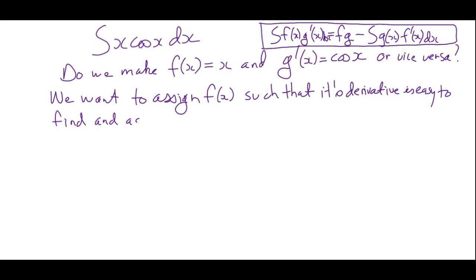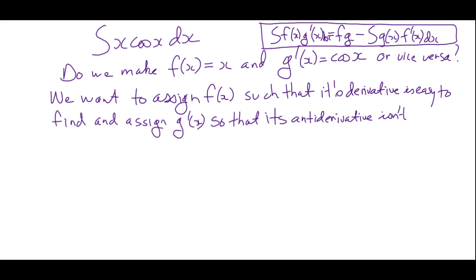And assign g prime of x so that its antiderivative isn't hard to find. Usually we're looking at it such that when we find the derivative, we get something simpler, right?